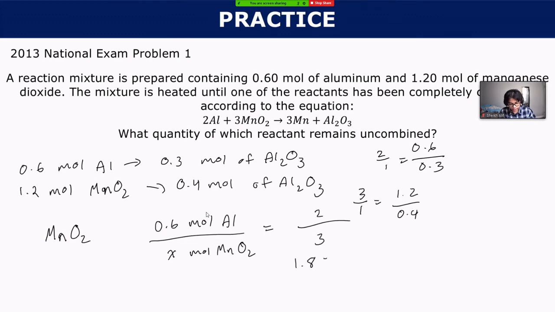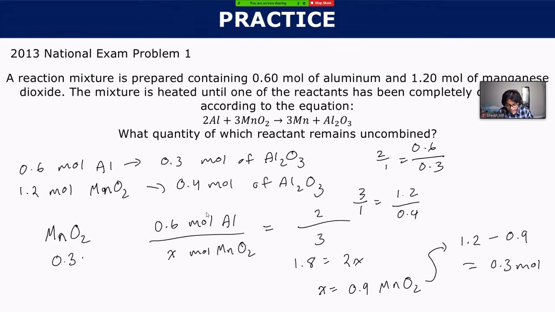So if we do the math, 0.9 moles. If you had 0.6 moles of aluminum, you would use up 0.9 moles of manganese oxide. And since you have 1.2 and you only use 0.9, you're going to have 0.3 moles remaining. So manganese oxide is remaining, and 0.3 moles of it is the amount that's remaining.